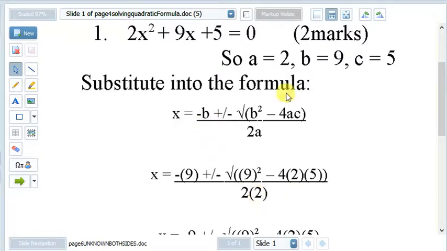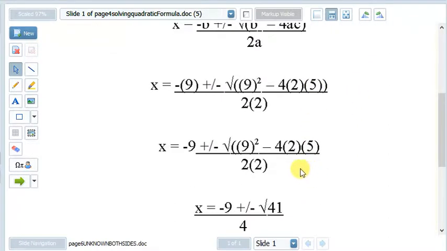B is 9, so this time here it would just be minus 9, because if we cover up that negative there, that is 9, and then we add in the negative. Okay, so it becomes negative 9. And c is 5.